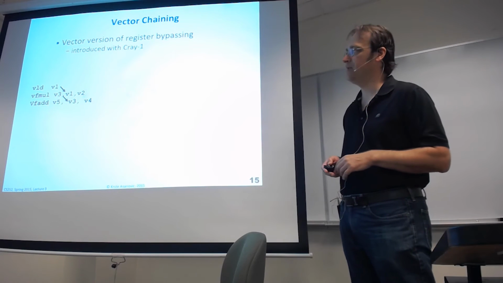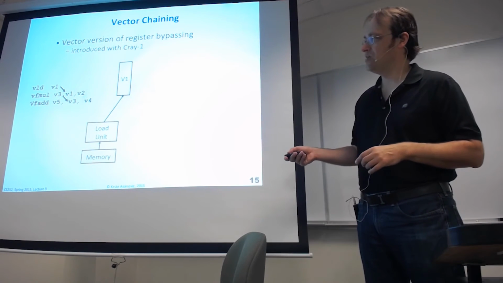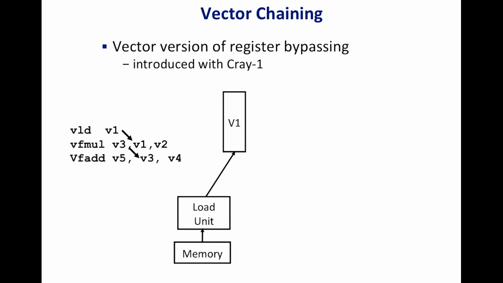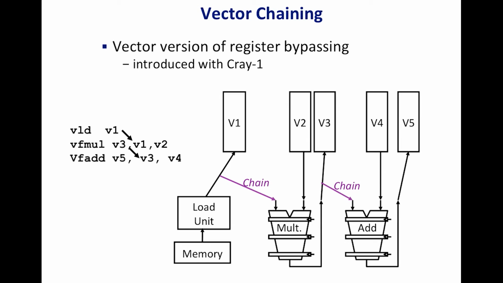This element-by-element bypassing is what's called chaining. In the Cray 1, the memory system goes into the load unit writing into V1, but rather than wait for the whole thing to be written, as each element was produced by the load unit, it would be chained into the multiply unit, which gets started on the next operation straight away. And as the multiply produced results, you'd pipeline them into the adder and get that started straight away, to write back into vector register V5.